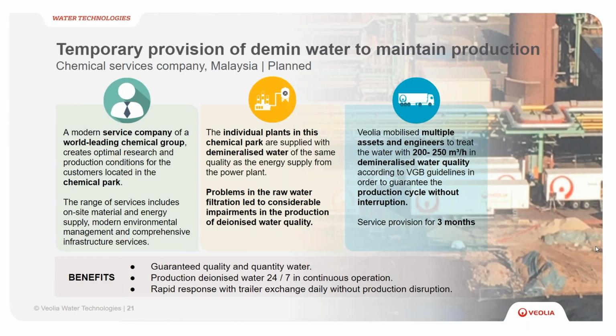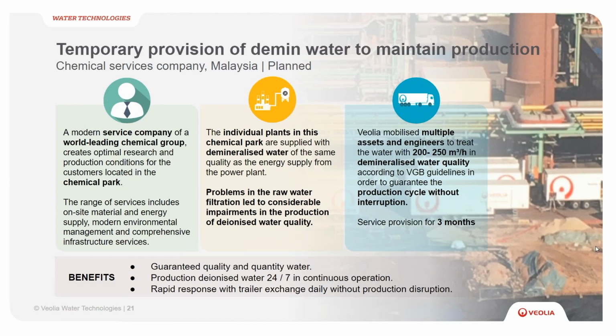The problem was that the raw water filtration was not good enough, and it led to considerable issues in the quality of the deionized water production. So it might also have an impact on you. Some of you take water from rivers or lakes, and depending on the climate and on the industries around you, the incoming water to your plant might change.